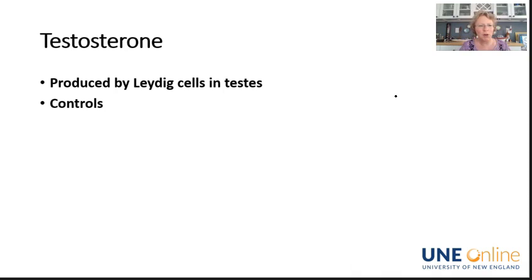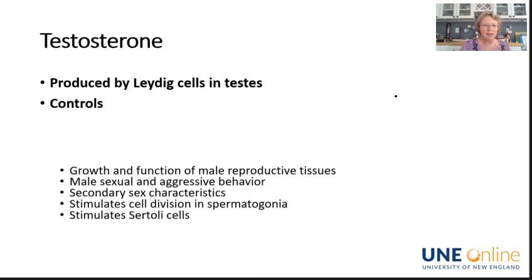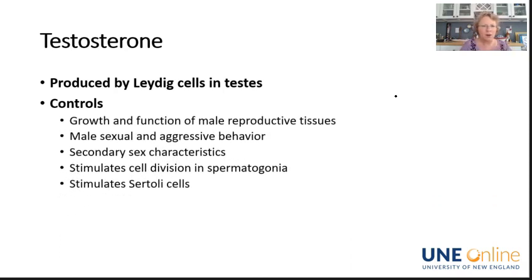For control of the male reproductive cycle, there are several hormones that are involved. One of the important ones is testosterone. So testosterone is produced by the Leydig cells in the testes. And the job of testosterone is growth and function of male reproductive tissues.